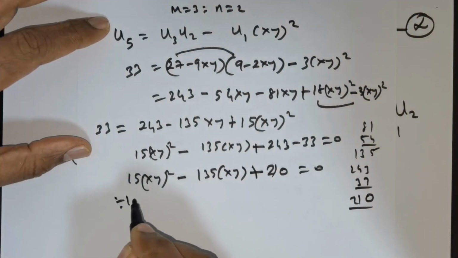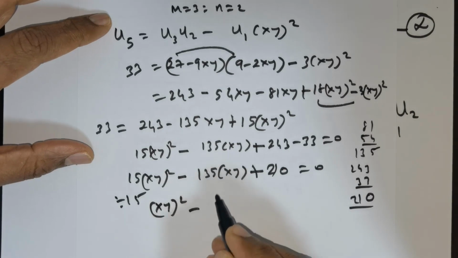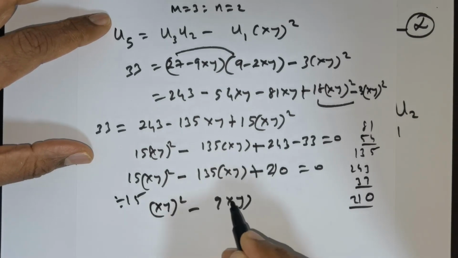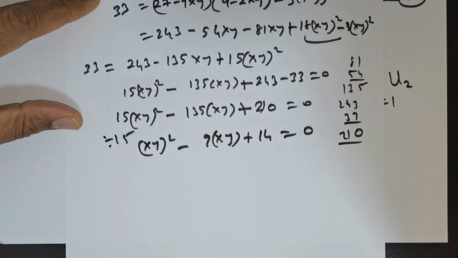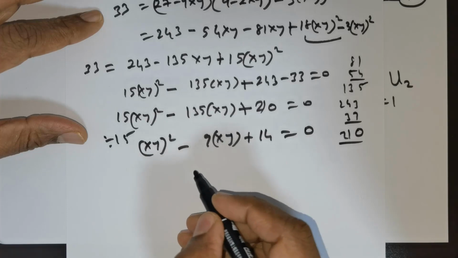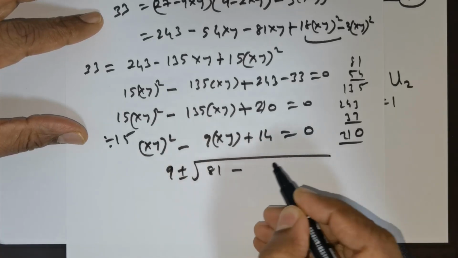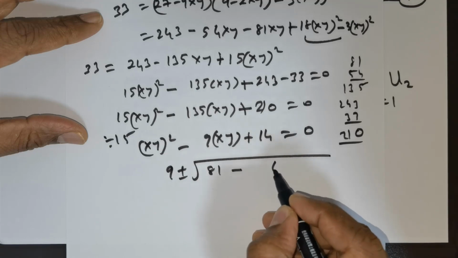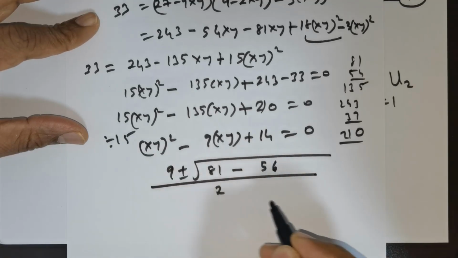Now if I divide by 15, I would get (xy)² minus 9 xy plus 14 is equal to 0. So now if I were to use the quadratic technique, it's going to be 9 plus or minus root of 81 minus 4 times 14, which is 56, so 81 minus 56 gives 25, divided by 2. So root of 25, 9 plus or minus 5 divided by 2.